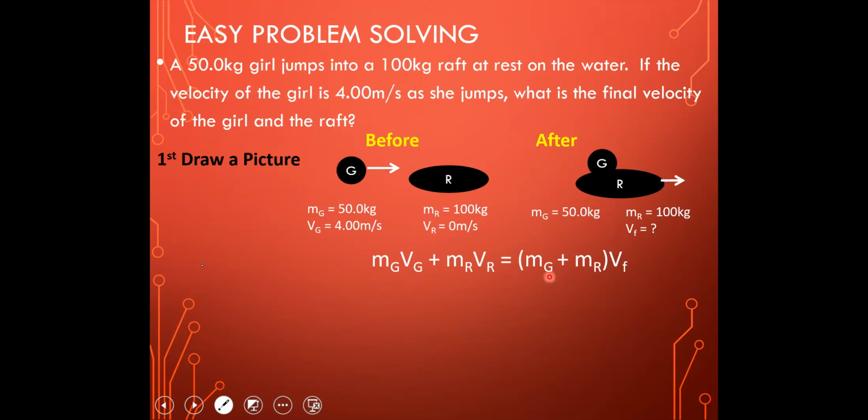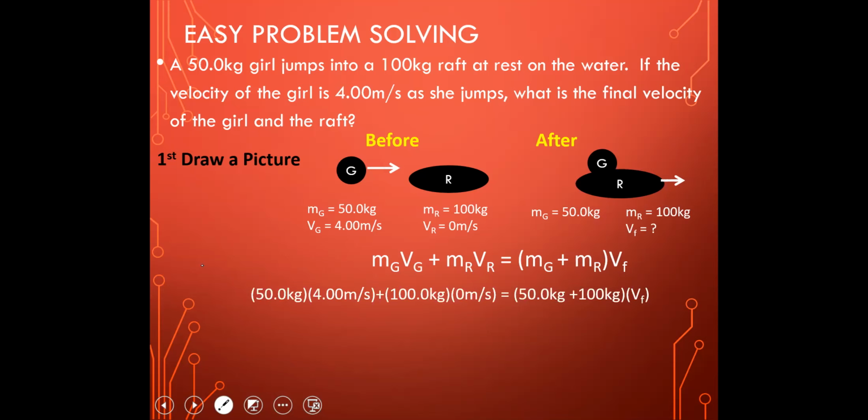The girl is sticking with the raft, so they are combined. We have a combination of two masses into one mass, the mass of the girl plus the mass of the raft, and both of them now move with the same new velocity, v final.